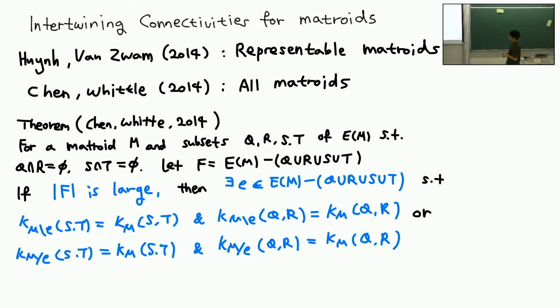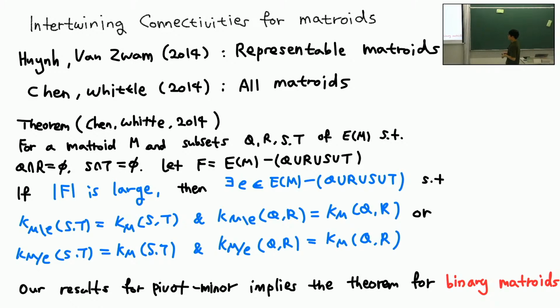It says that given a matroid M and subsets Q, R, S and T, such that Q and R are disjoint and S and T are disjoint, if the number of elements outside Q, R, S, T is very large, then you can find an element such that one of the deletion operation and contraction operation preserves the connectivity between S and T and between Q and R. As well, we remark that the pivot minor of a bipartite graph has a natural correspondence to the minor of a binary matroid.